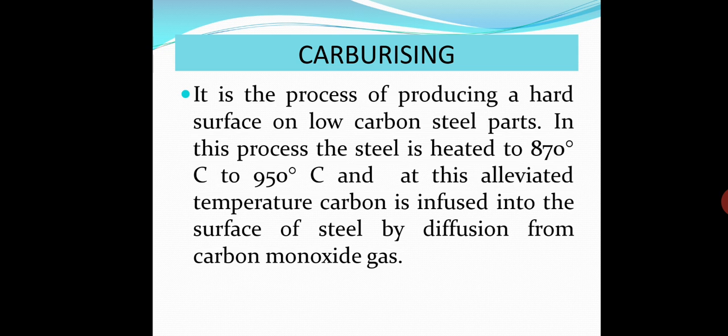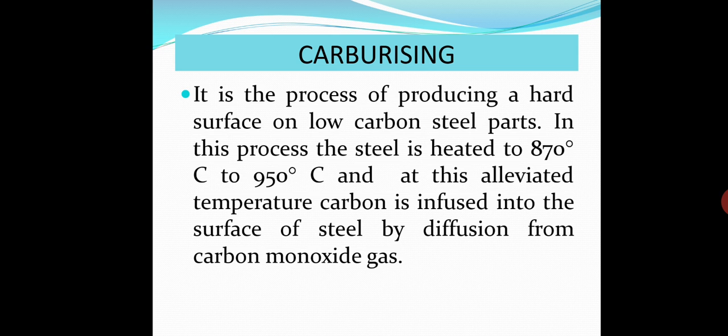Carburizing. It is the process of producing a hard surface on low carbon steel parts. We have already discussed low carbon steel, medium carbon steel, and high carbon steel. If the material is low carbon steel, surface hardening is done by carburizing.